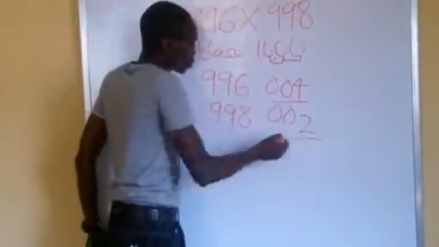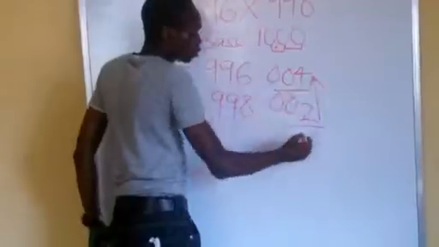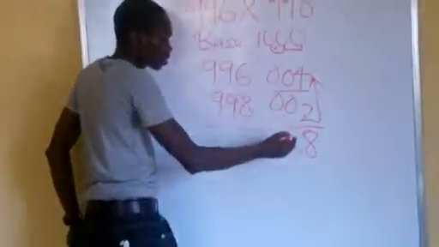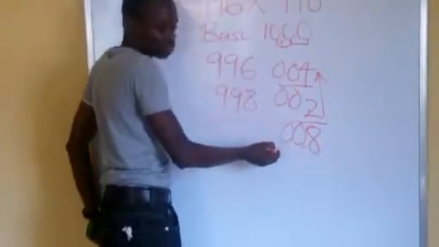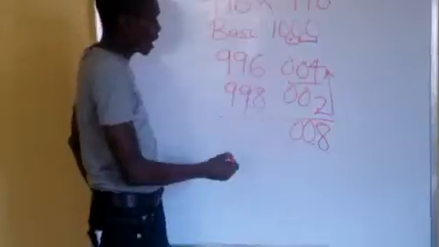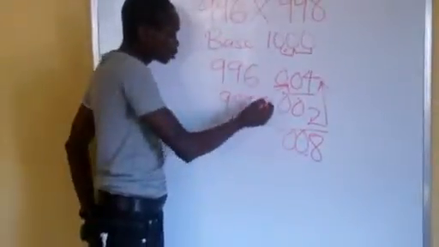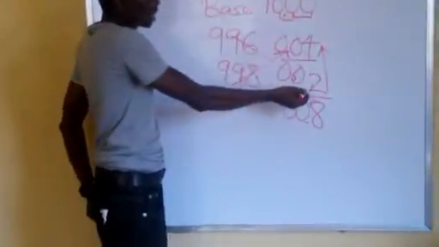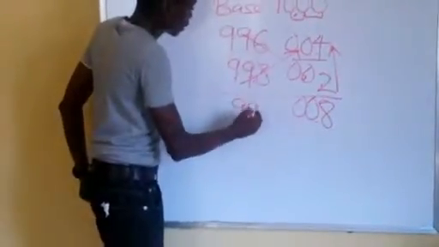So the next step is we're going to multiply 2 times 4. 2 times 4 is what? 2 times 4 is 8. To balance things up, we add a 0 just to create 3 digits. Okay. Next, we either use 998 to subtract 4, or we use 996 to subtract 2. 996 minus 2 is 994.